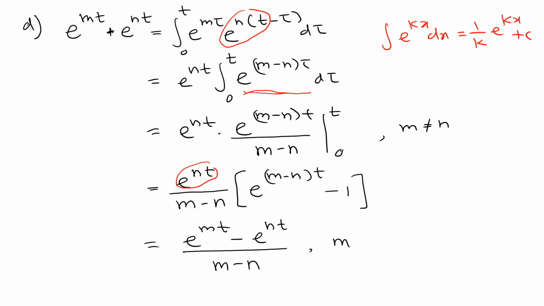The assumption is we assume that m is not equal to n. So that's what you get. It's a really nice result. So as an exercise, see what happens if you do e to the mt convolved with e to the mt, the same one.